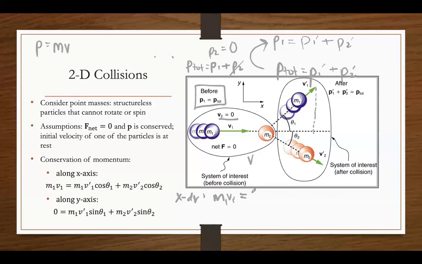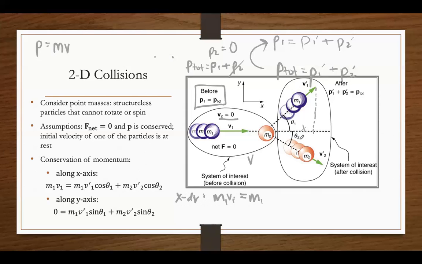This side of our triangle is V1 prime, and this is our x. So what is it going to be?